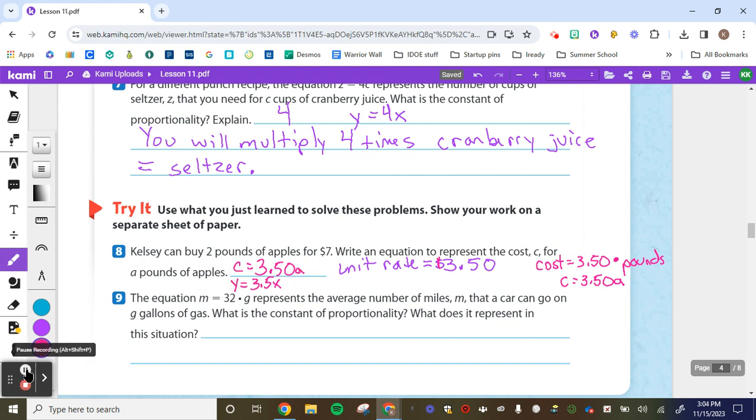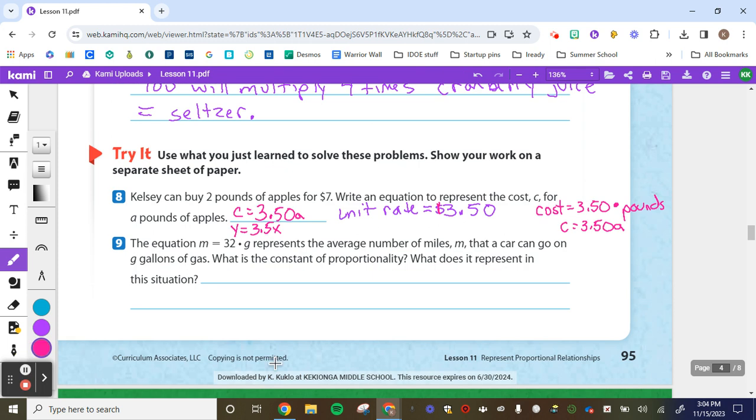Now try number 9. So in number 9, the constant of proportionality is 32. And what does it represent in this situation? Remember, it's a unit rate, so it's 32 something for 1 something.